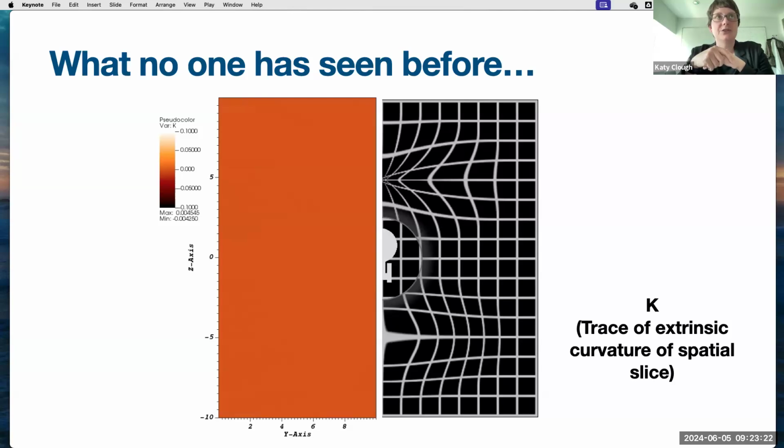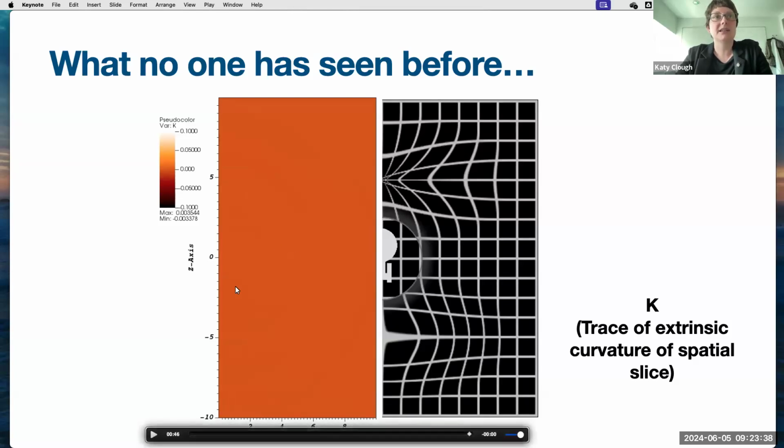As I said, the evolution of the extrinsic curvature is quite influenced by what gauge you choose. And to some extent, like all things in a numerical relativity simulation, this is not a gauge independent quantity, right? So when we see it, I'll play it again, dissipating away, to the extent to which it decays to zero, we would need to look at all the other components to really understand what's going on physically with the space-time.